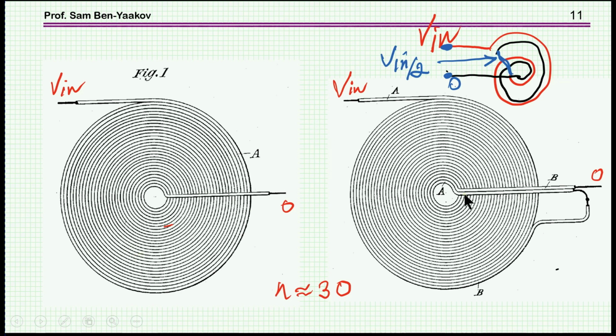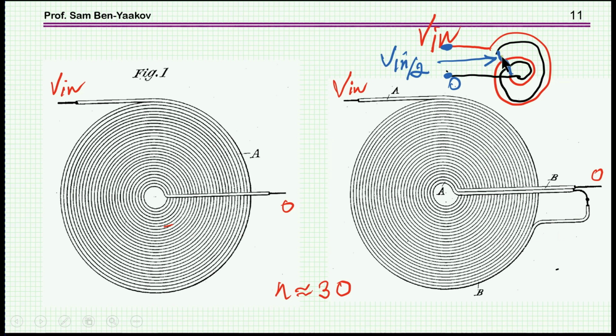And here is the patent, or the invention. The invention says that you don't wind it with one wire like this, but you take a bifilar winding. These two windings, you start winding them, and then you go all the way around, and then you take the end of one of them and connect it to the other.